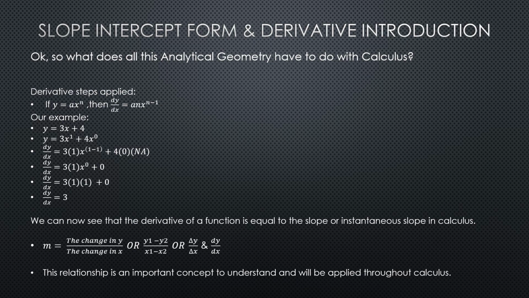So now when we're ready to take the derivative, we see that we switch the y to a dy dx. And if we apply the format we're taking now, we've got 3, which was the a, times 1, which was the original exponent, times x raised to the 1 minus 1, which is the n minus 1 power, plus 4 times 0, because x was raised to the 0 power.